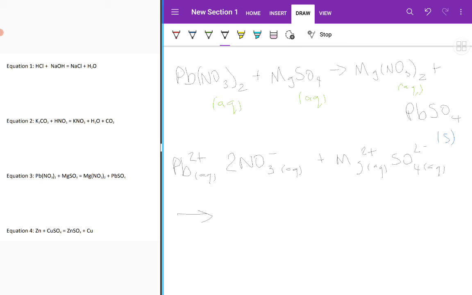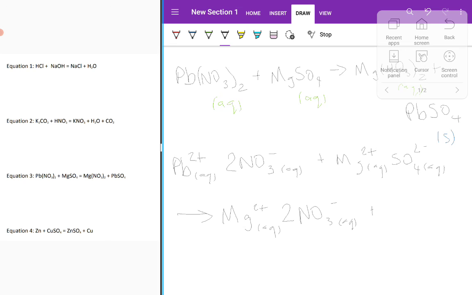That gives us on the product side magnesium nitrate, and magnesium nitrate is made up of Mg2 plus ions and nitrate ions. How many nitrate ions do you have? When you look at the formula, you have 2 nitrate ions. So again, 2 NO3 minus ions, and each of those ions are aqueous, plus our lead sulfate.